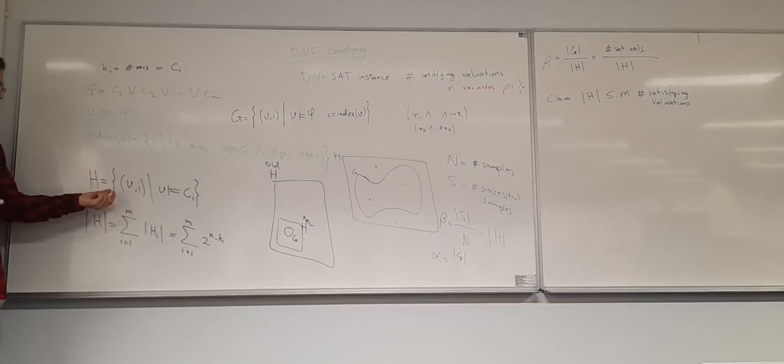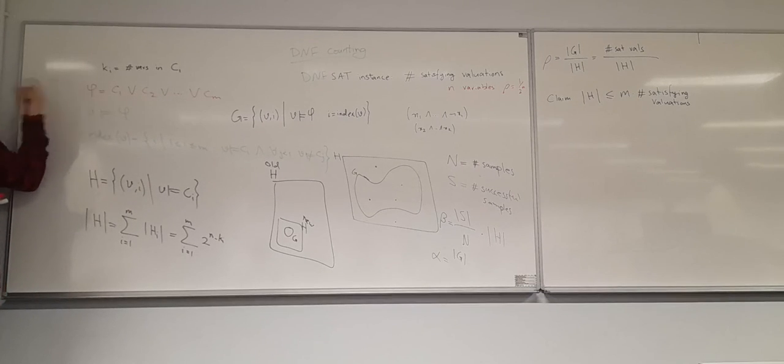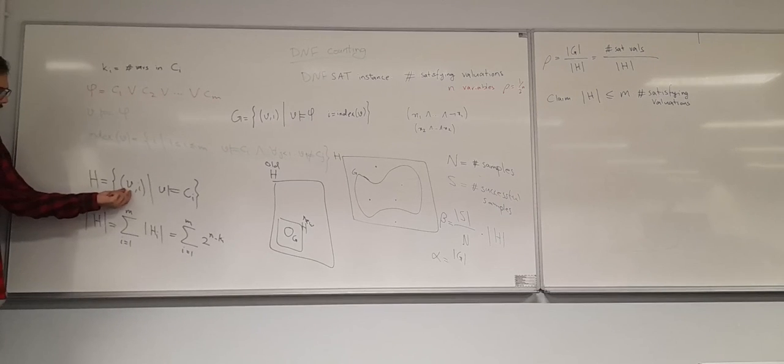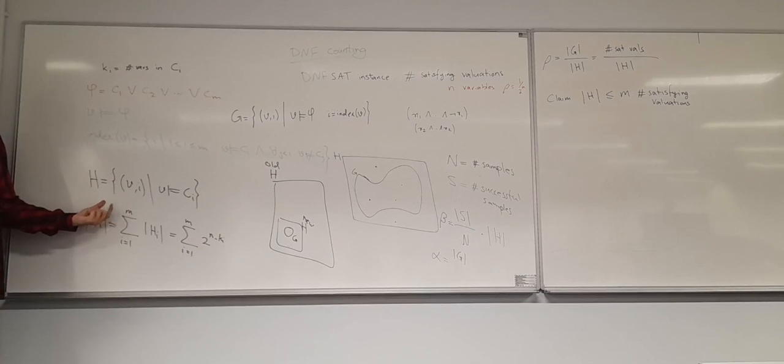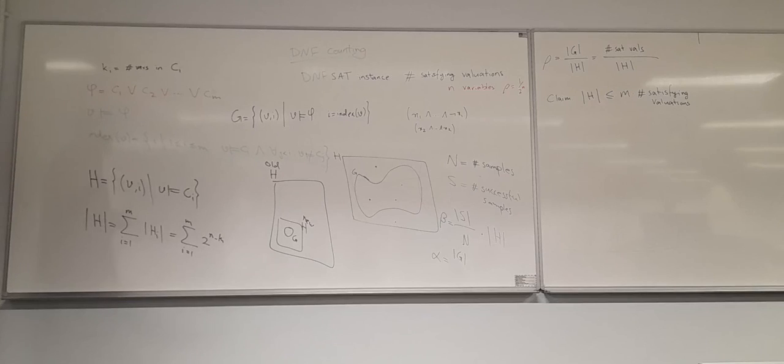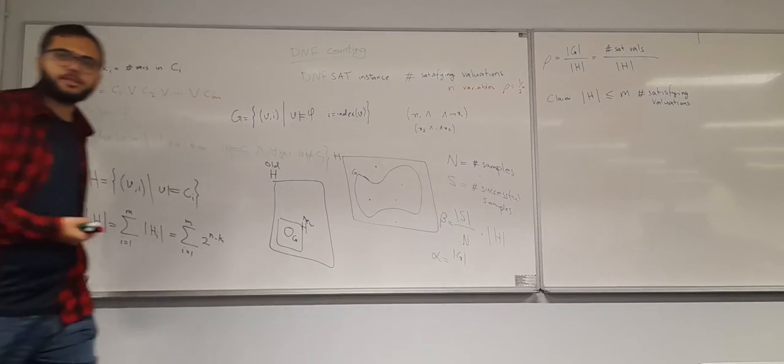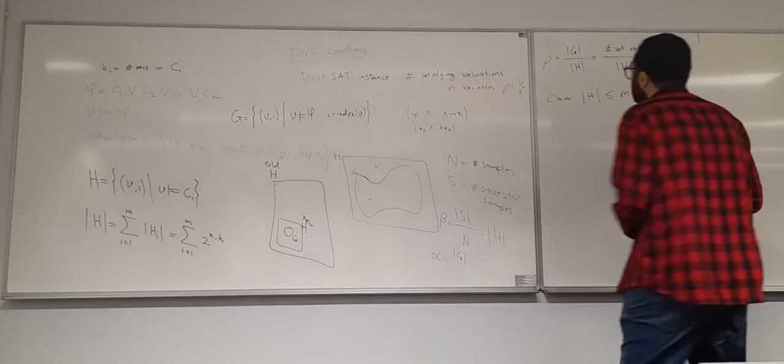Every valuation that appears somewhere in my set H definitely satisfies the formula phi. So now the question is, how many times can the same valuation appear? Every valuation appears in a pair with some index, and this index can only be between 1 and m. So every valuation can appear at most m times. So the size of H is at most m times the number of satisfying valuations. That's the claim. And so this is just what I put here.